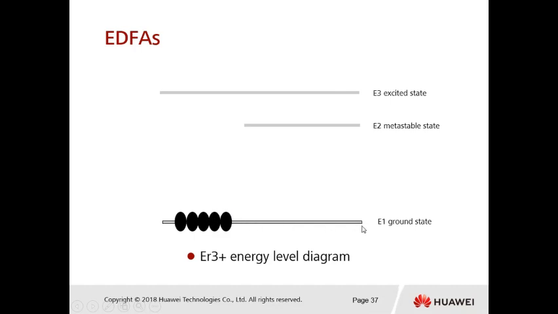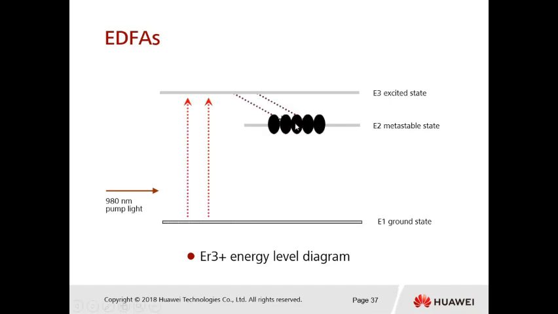When a high energy pumping laser is used to stimulate an erbium doped fiber, a large number of bound electrons of the erbium ions are stimulated from E1 to E3. However, E3 is unstable, so all the electrons will drop from E3 to E2. E2 is a metastable energy level at which a particle can exist for a long time.